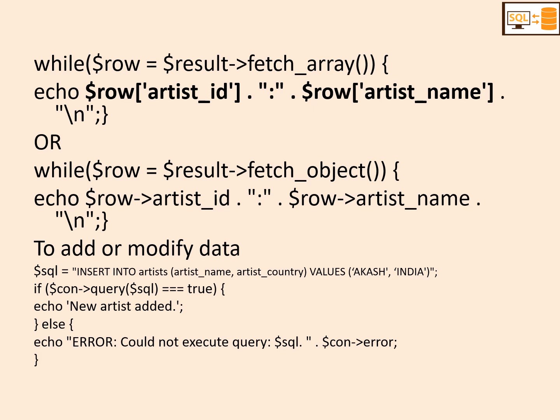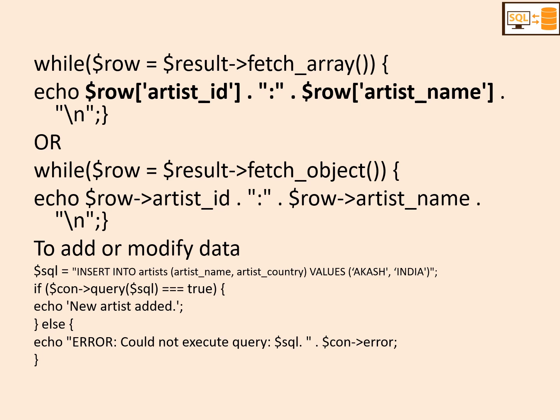In order to access them, we can specify $row of artist_id, colon, $row of artist_name. In the previous example, it was $row of 0, colon, $row of 1. Either we can represent it in the form of index value, or we can specify the attribute name itself.